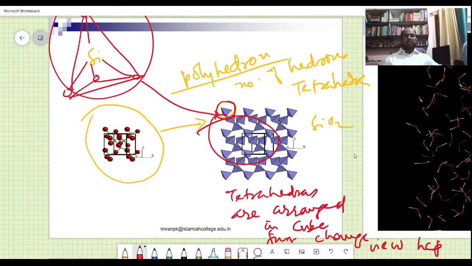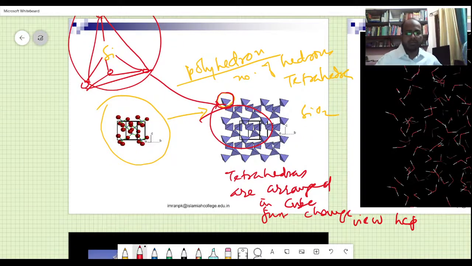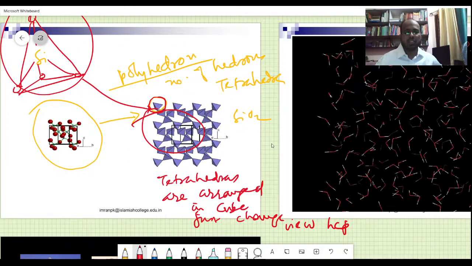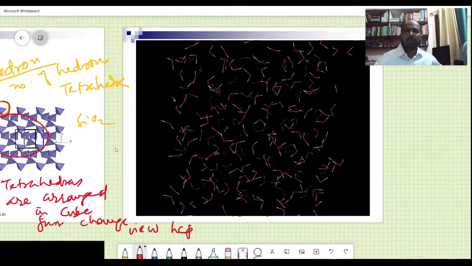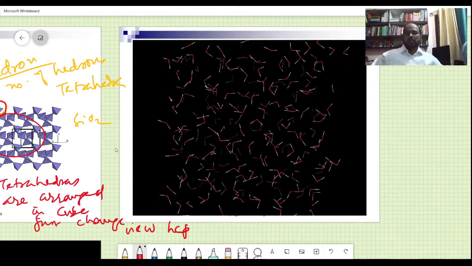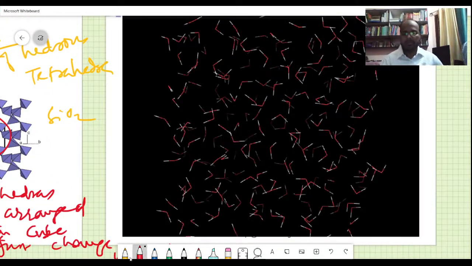Okay, so from this we have come to a conclusion that the atoms can be arranged in different patterns. There is no particular limit for a system having a definite crystalline pattern. It may change. You may have HCP, you may have CCP, you may have BCC, all types of crystals.